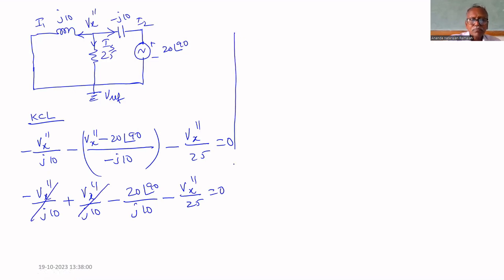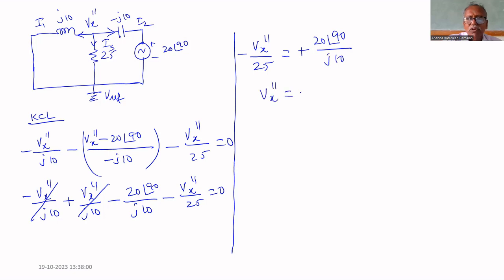Therefore, Vx double dash divided by 25 equal to plus 20 angle 90 divided by j10, or Vx double dash equal to minus 20 angle 90 divided by j10 multiplied by 25. How much?